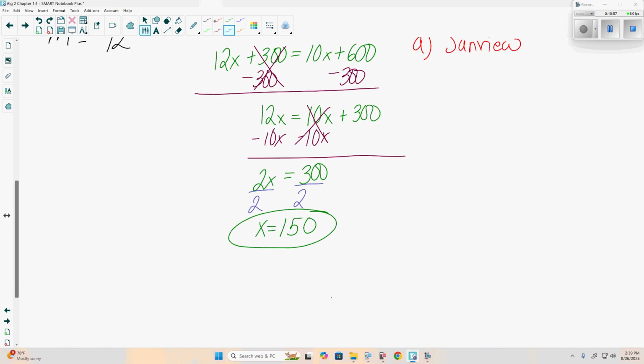So the number of students for the cost to be the same is 150 students. So take 150 students for the total cost to be the same. Make sense? Because we found the value of x that would make them be the same.